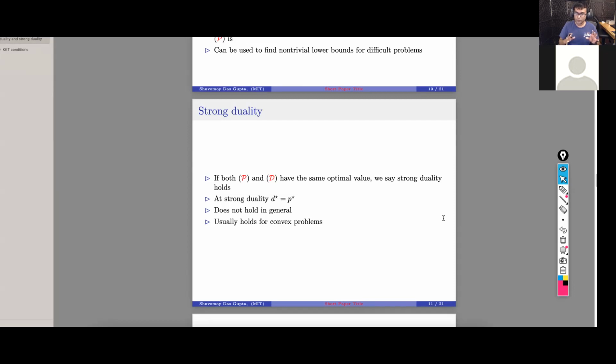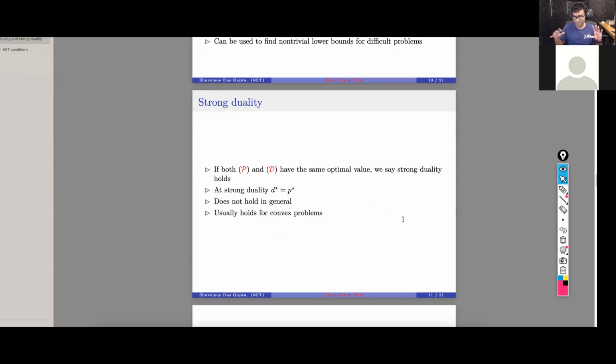It doesn't hold in general. Under regularity conditions, it usually holds for convex problems. For convex problems it may not hold, but those are pathological conditions, and in the interest of simplicity we will not discuss them in this recitation. Okay, so roughly speaking, this is what we covered in our previous recitation.